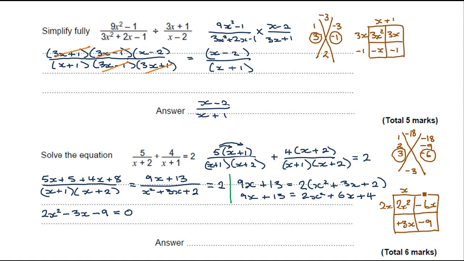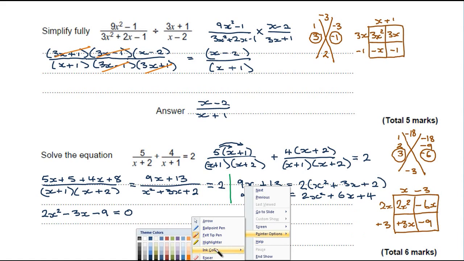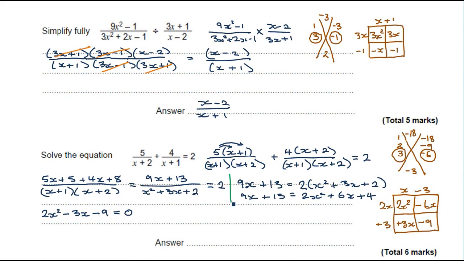And now 2x times something will give us minus 6x. Well, that's going to be minus 3. Minus 3 times 2x gives us minus 6x. And down here we've got x times something gives us 3x, so x times positive 3. So just checking with the final box here, minus 3 times 3 gives us minus 9, so we appear to have filled in this correctly, and we've got our 2 factors.